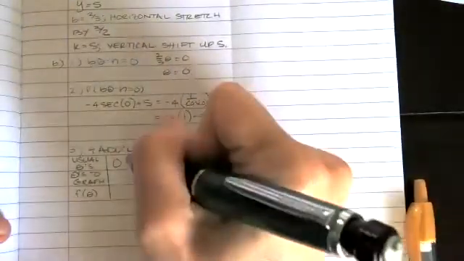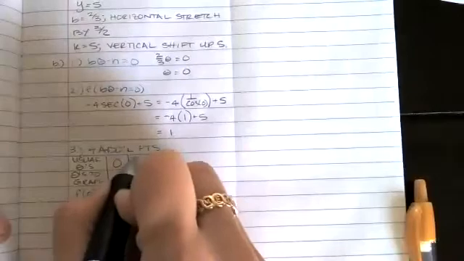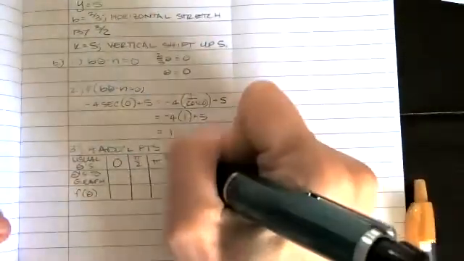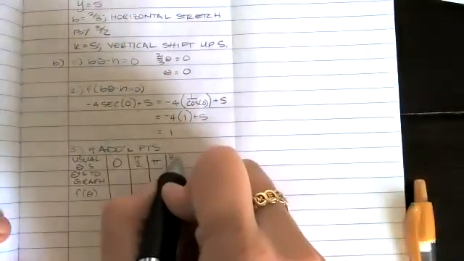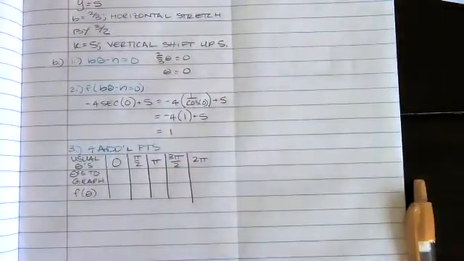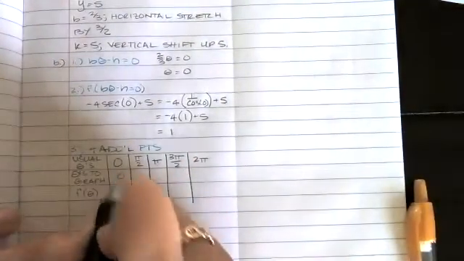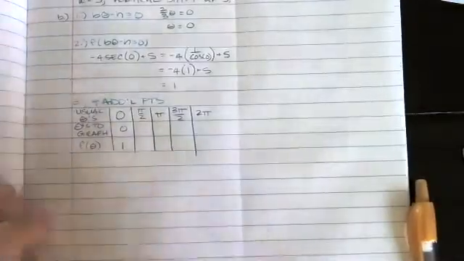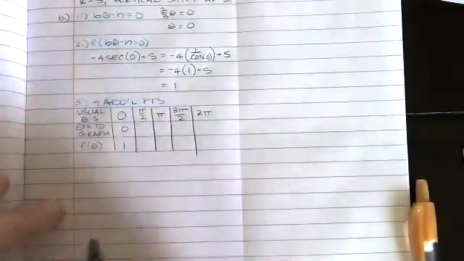So 0, pi over 2, pi, 3 pi over 2, and 2 pi. Okay, so we already found that this would be 0 and this would be 1. So now let's find these shifted values.